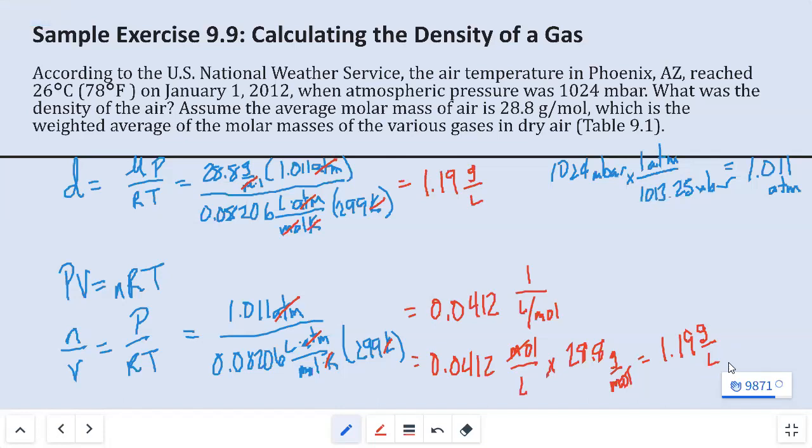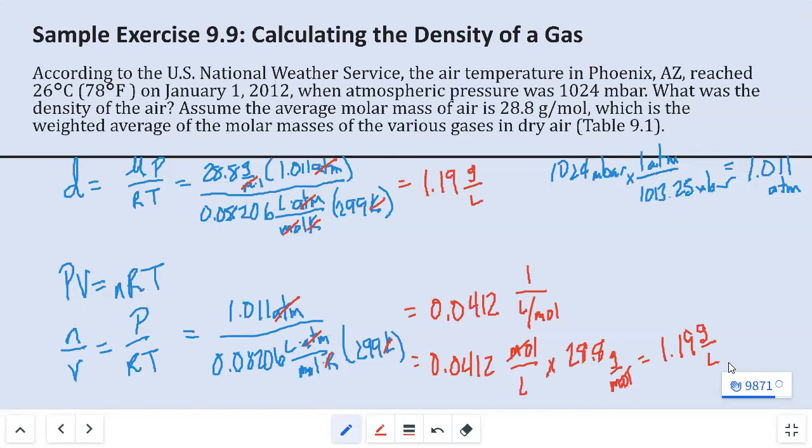So why go through all this to show you this? Again, it comes down to your equation sheet doesn't have every single equation on it. So if you've memorized this density calculation with this formula, great, use it. It is simpler. But if you didn't, understand that this has its roots in the ideal gas law.